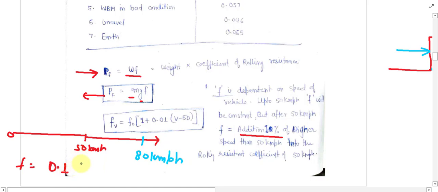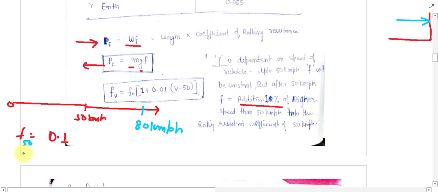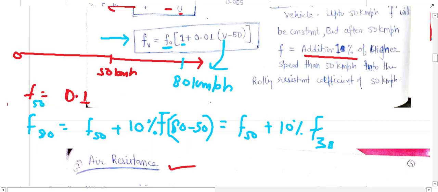So up to 50 it is f50, but for 80 kmph we will use f50 plus 10% of the velocity exceeding 50 kmph, which is 80 minus 50, so f50 plus 10% of 30 kmph.